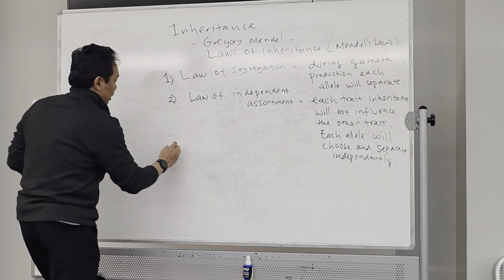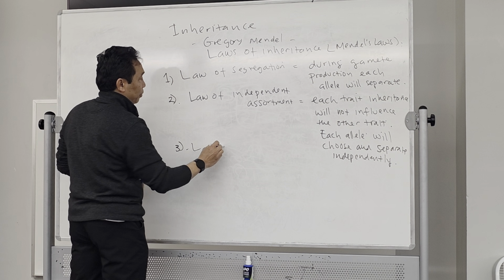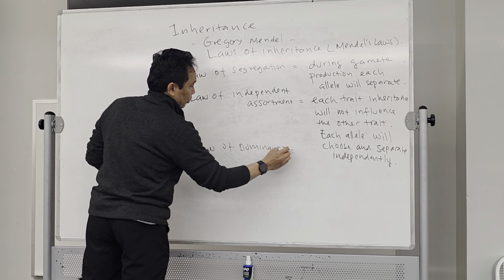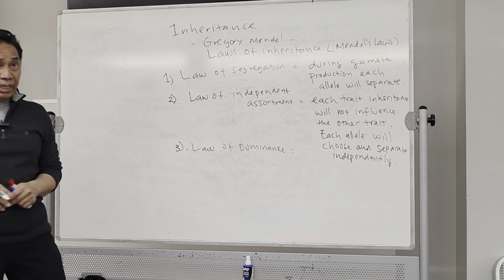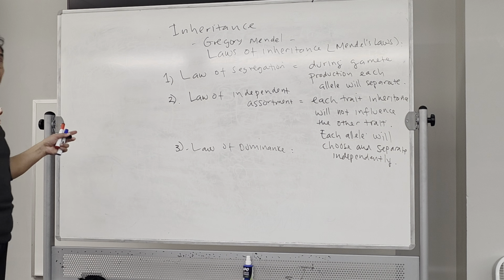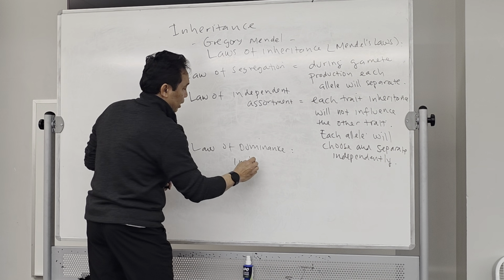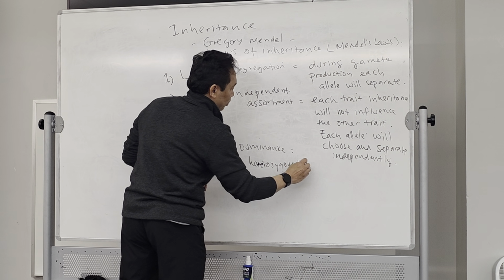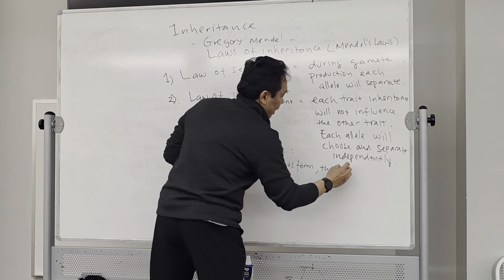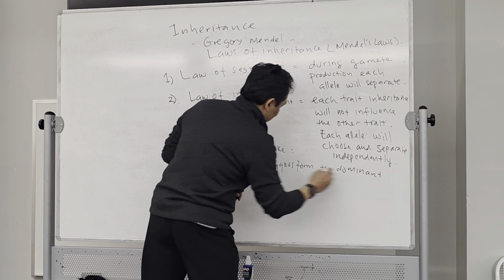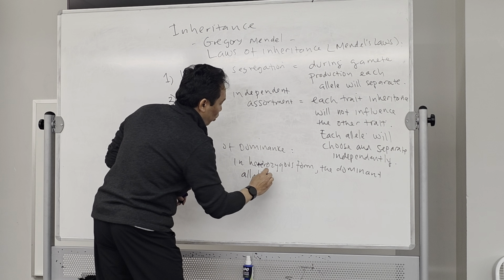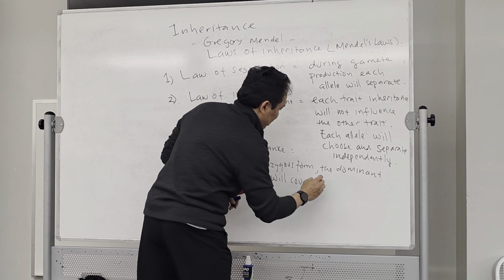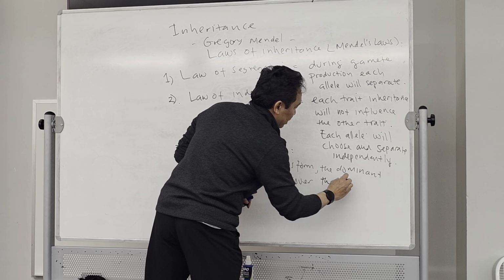The third law is called the law of dominance. Basically, it's telling us that if it is in heterozygous form, the dominant allele will cover or mask the recessive allele.